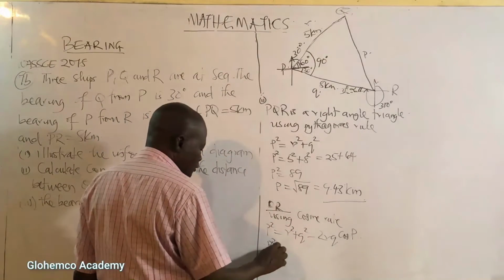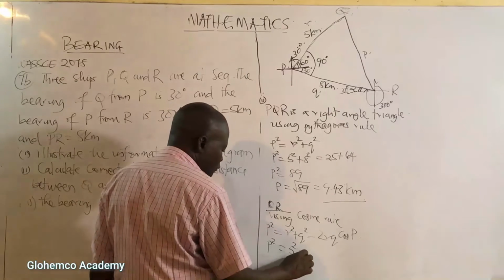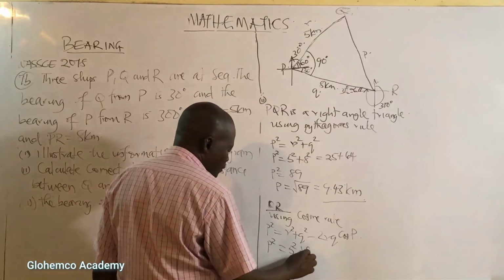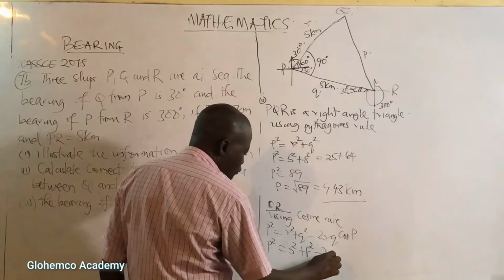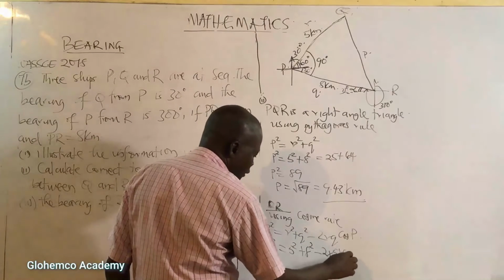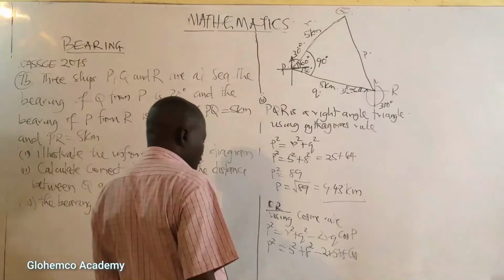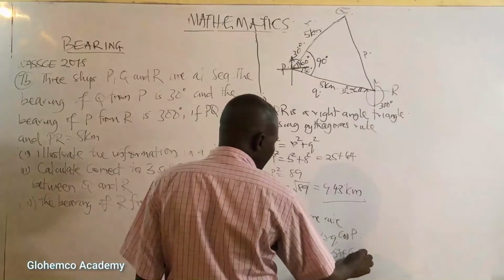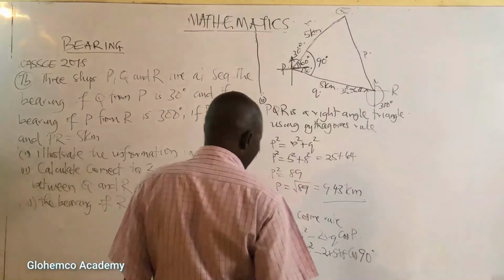Then our P squared will be 5 squared plus 8 squared minus 2 multiplied by 5 multiplied by 8 cos P. Cos P is cos 90 degrees.